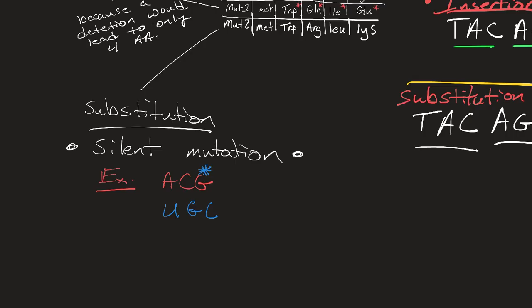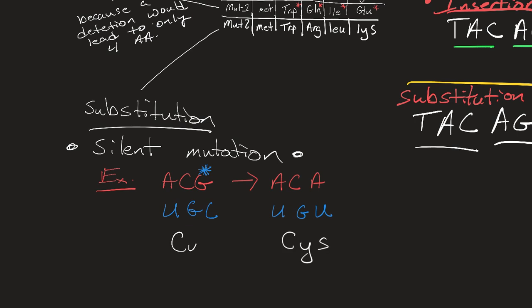Now, if I take that ACG and mutate that and just substitute, leave A the same, C the same, but instead of ACG, I said ACA, then my RNA would be UGU, and UGU is the same amino acid.